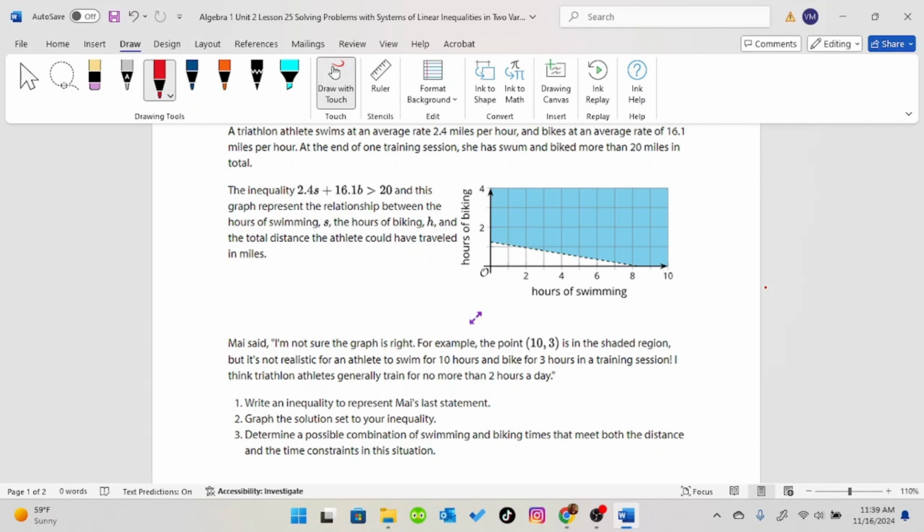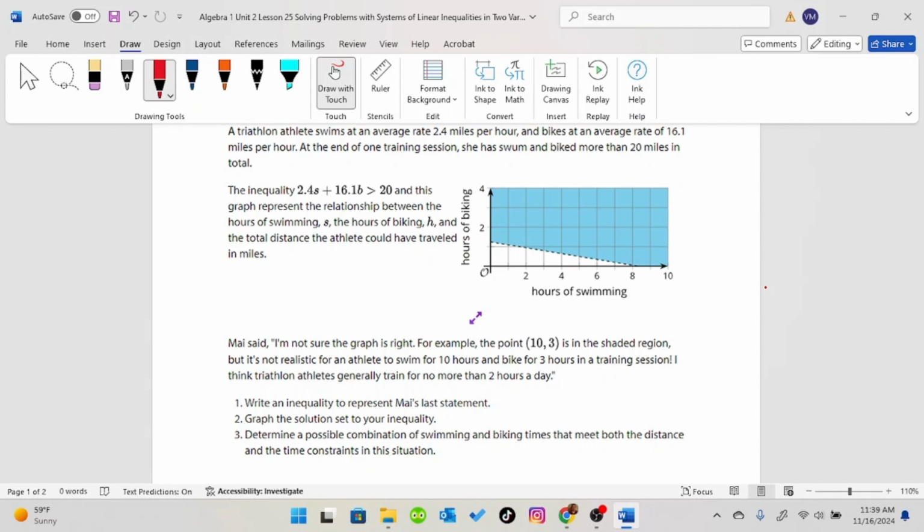The inequality 2.4s plus 16.1b is greater than 20, and this graph represents the relationship between the hours of swimming S, the hours of biking H, and the total distance the athlete could have traveled in miles.